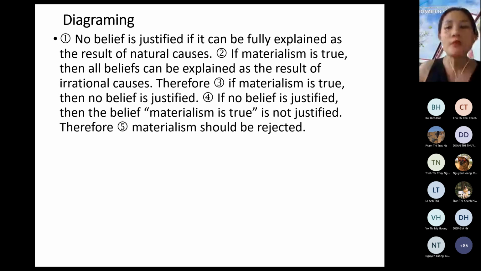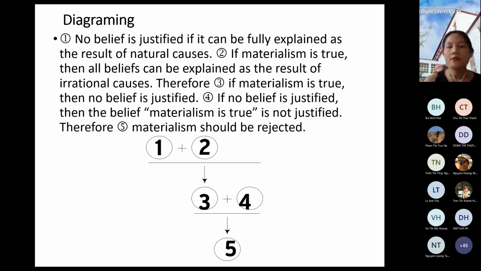And then we have the therefore before number 3. It means number 3 is the sub-conclusion. And of course, the premise of 3 will be 1 and 2. So the correct diagram will be like this. 1 and 2 are linked, lead to 3, and 3 and 4 are linked, lead to 5. That is the correct answer.